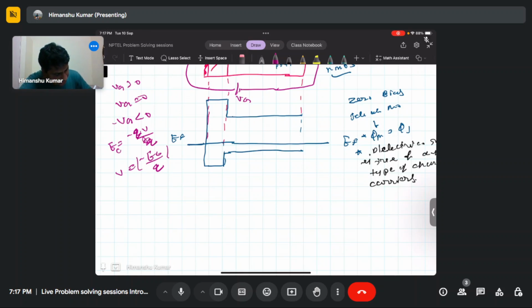If you apply a positive bias, then this will move down, and this will move up for negative bias.